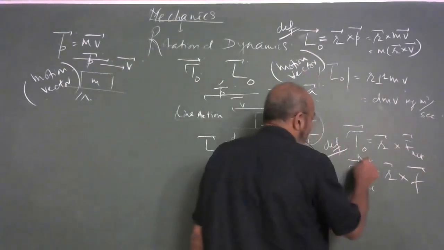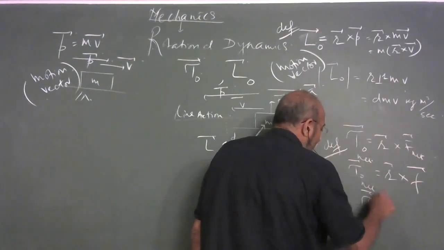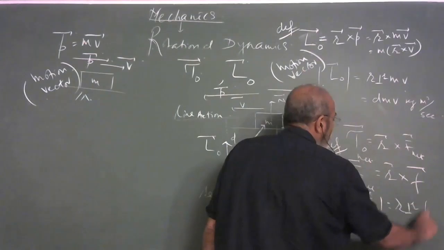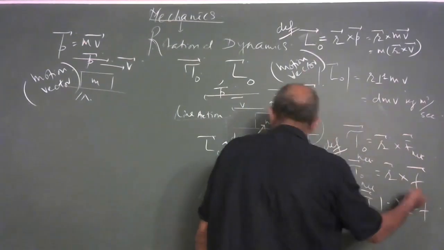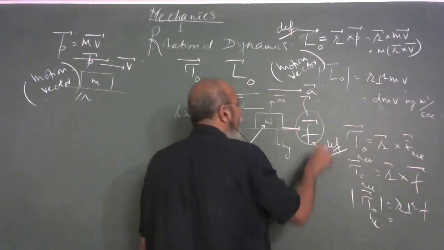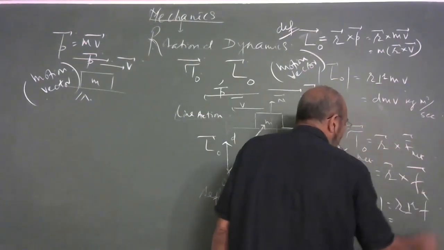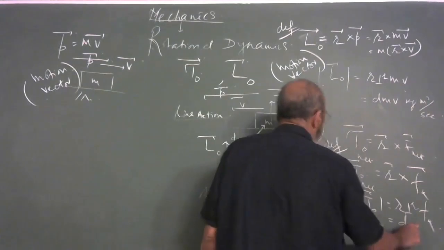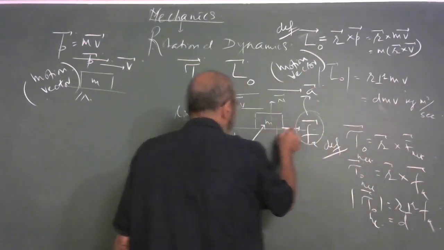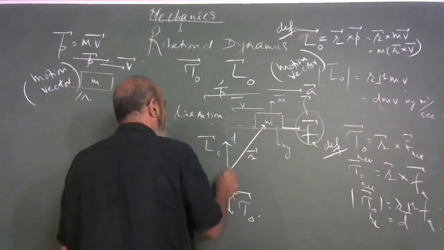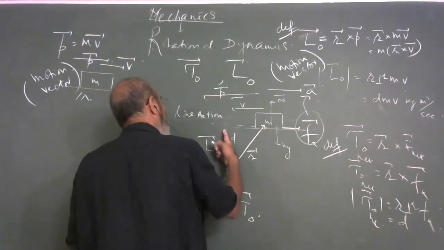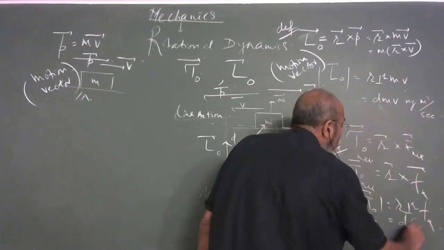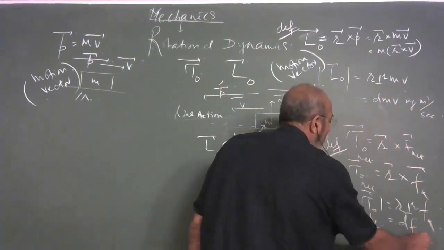Torque in magnitude net is equal to R perpendicular times F kinetic. That's equal to R perpendicular, from the line of action and the reference point, perpendicular distance D, times Fk.